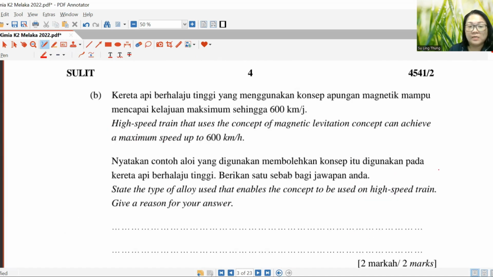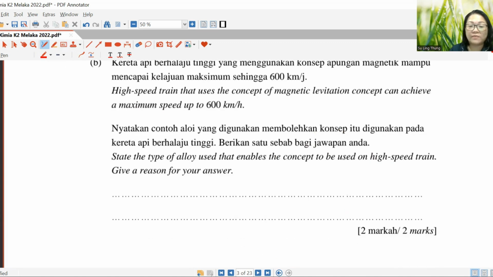B. A high-speed train that uses the magnetic levitation concept can achieve a maximum speed of up to 600 km per hour. State the type of alloy used that enables the concept to be used on a high-speed train and give a reason for your answer. The type of alloy they use is a superconductor.